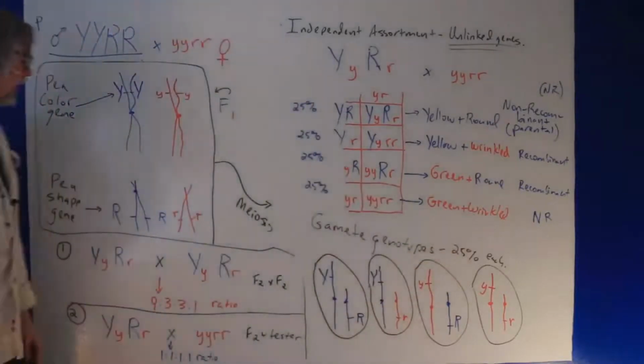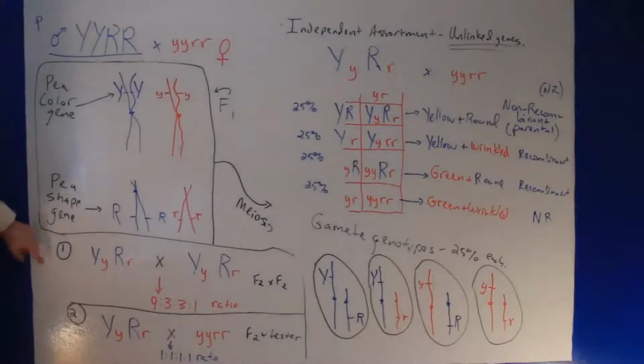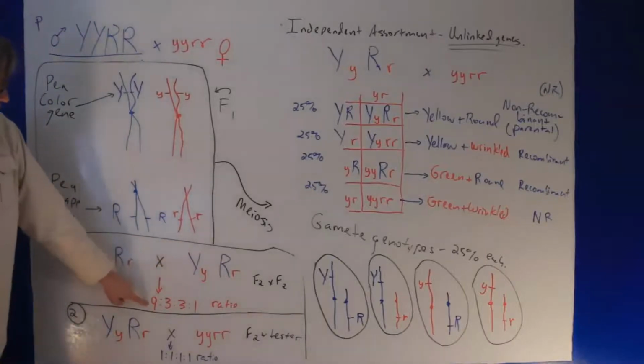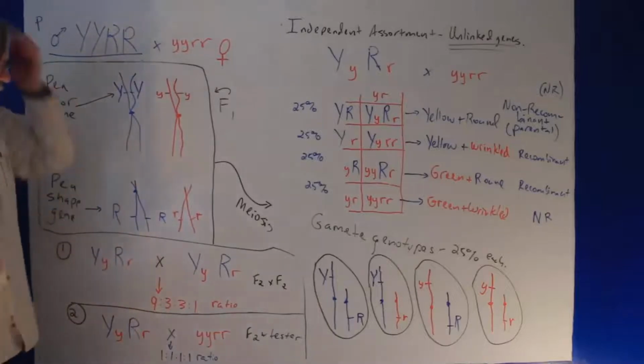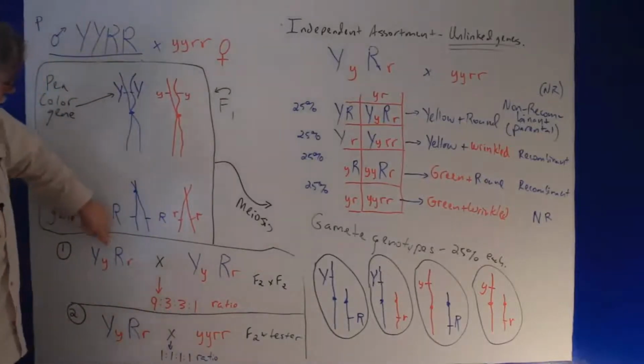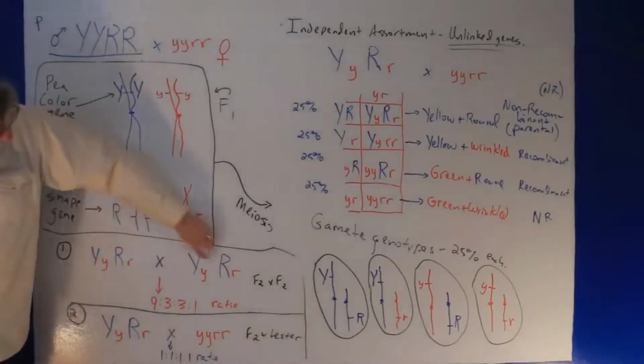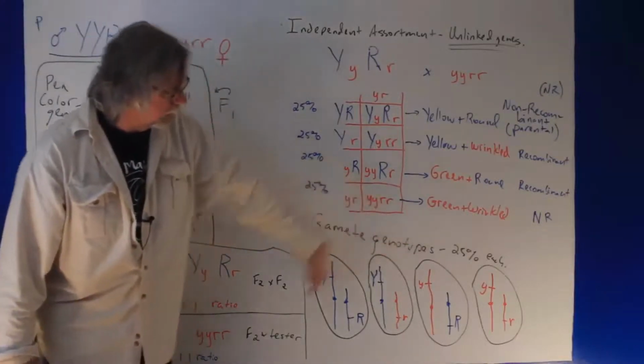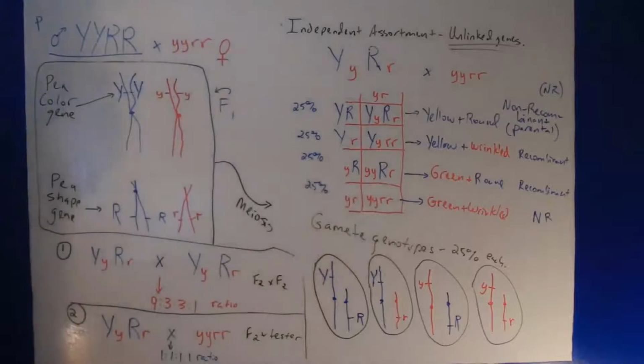The reason Mendel knew that was because when he crossed two double heterozygotes, and this is this cross, he always saw this ratio in the F2. This ratio can only come about if both parents, both of these heterozygotes, form these four gamete genotypes in equal frequency.